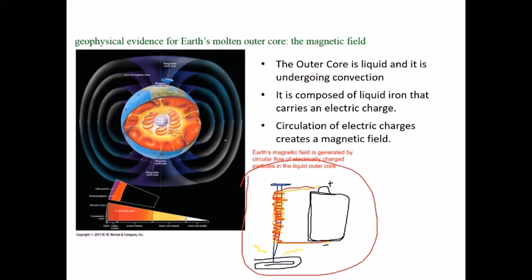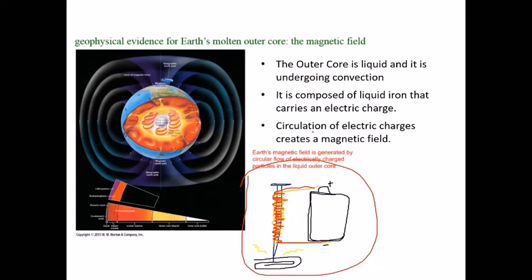It's turning, it's convecting, it's rotating, and those iron atoms carry a charge with them, and that charge is turning and generating this magnetic field. And you know that iron is kind of like a magnetically active metal, right?